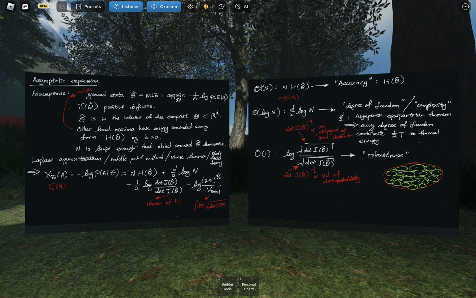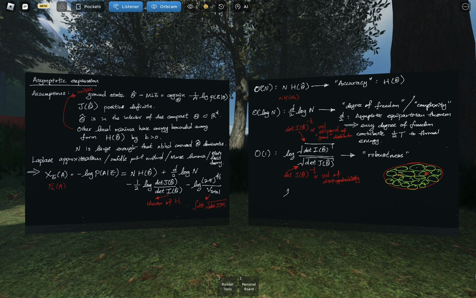So if your MLE changes a little bit and goes here and becomes that, that is actually okay, because you're still in the neighborhood of good guesses. So this is saying the more robust you are, the less sensitive you are to the precise choice of parameter.